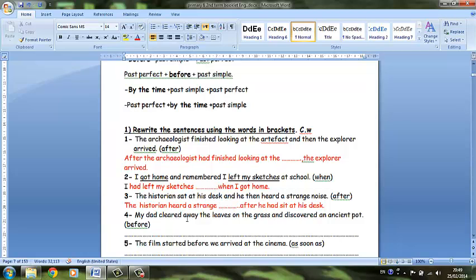Clearing away the leaves is the first action, and the second action is discovering the ancient pot. What am I going to put here? Before. As I told you, we can put before at the beginning or in the middle. We said after before I put the second action or the first action? Yes, I put the second action, which is discovering the ancient pot.